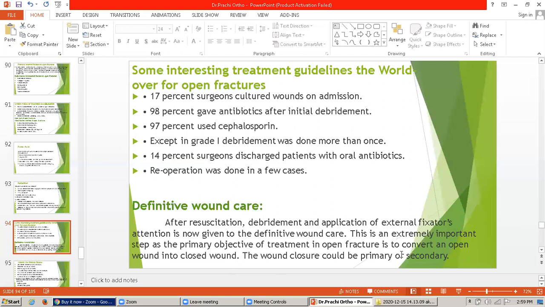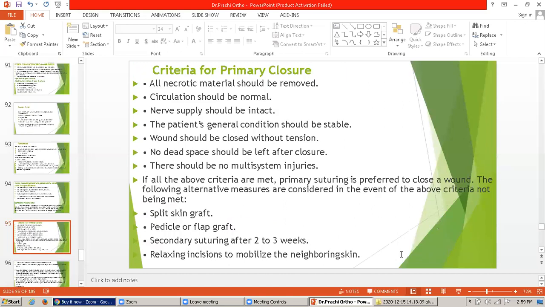So this is all about the wound care. When the patient comes with the wound and the fracture, on primary and secondary basis, what treatment we give to the patient, this is all about that.